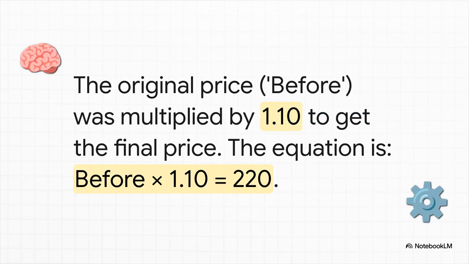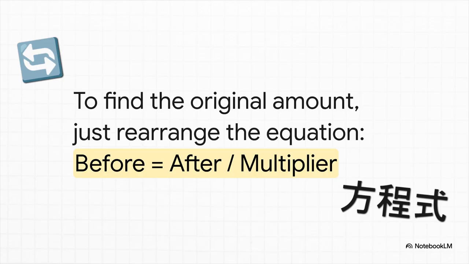So let's use our multiplier logic. We know some original price, we'll just call it before, was increased by 10%. And what does that mean? It means it was multiplied by 1.10. And the result was 220 pounds. So our equation is super simple. Before times 1.10 equals 220. And now that we have that simple equation, all we have to do is just rearrange it to solve for the before price. And look what happens.